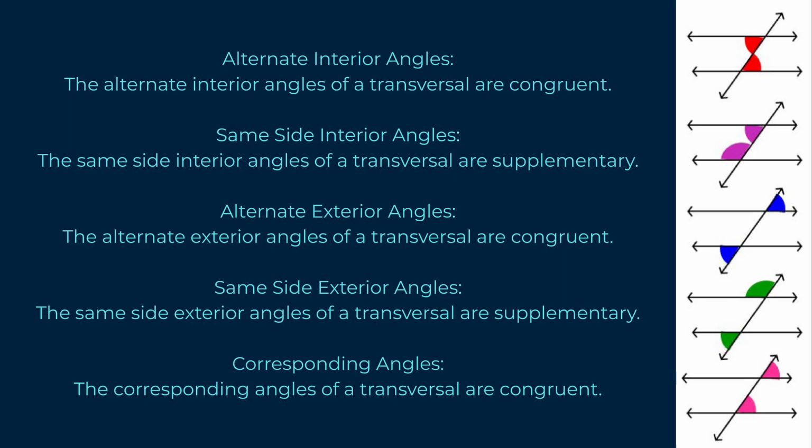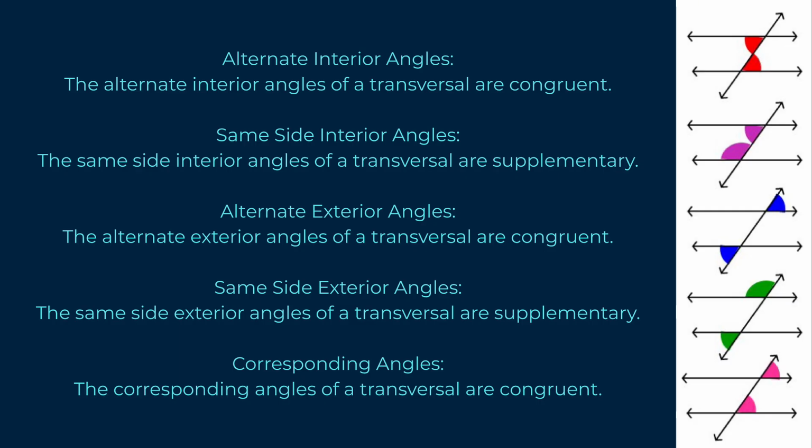So, here they are. Alternate interior angles, same side interior angles, alternate exterior angles, same side exterior angles, and corresponding angles. Note that these are all in turquoise, green, blue, meaning that they are in fact theorems. We just named them alternate interior angles, same side interior angles because it is easier, since the full names are also really hard to write out sometimes.